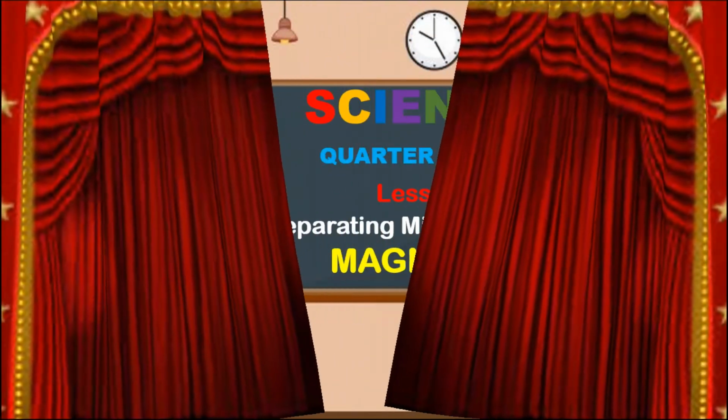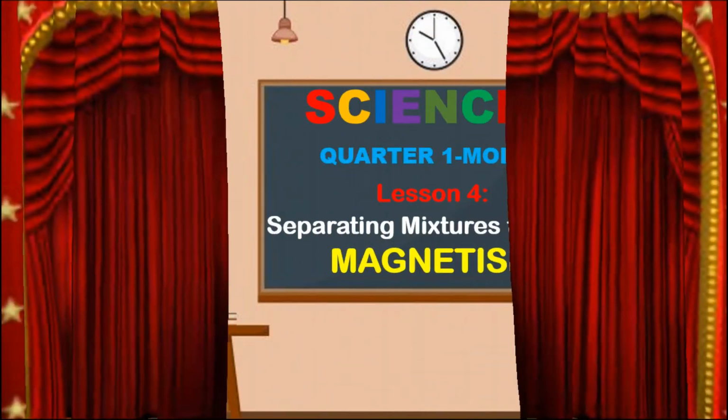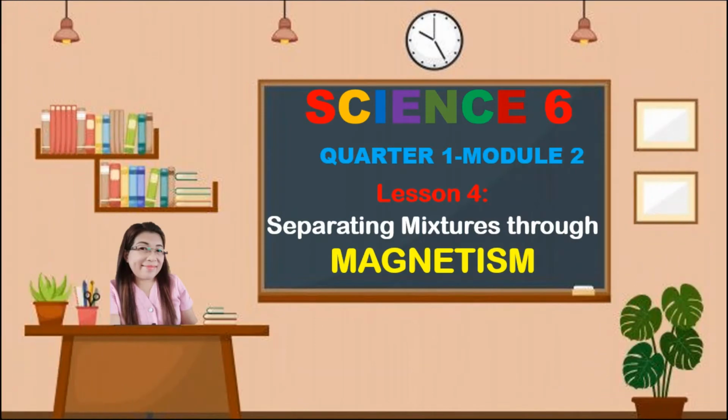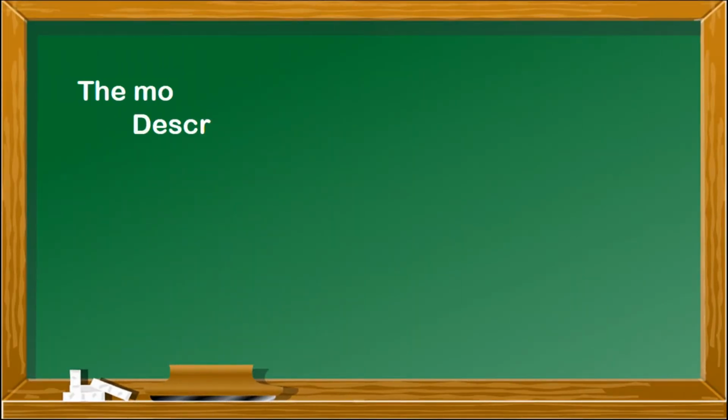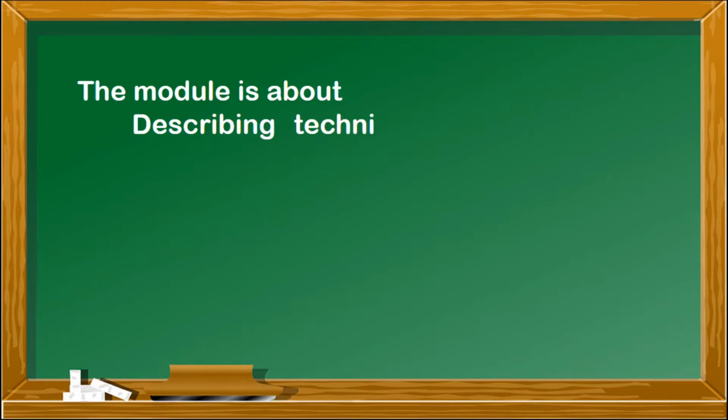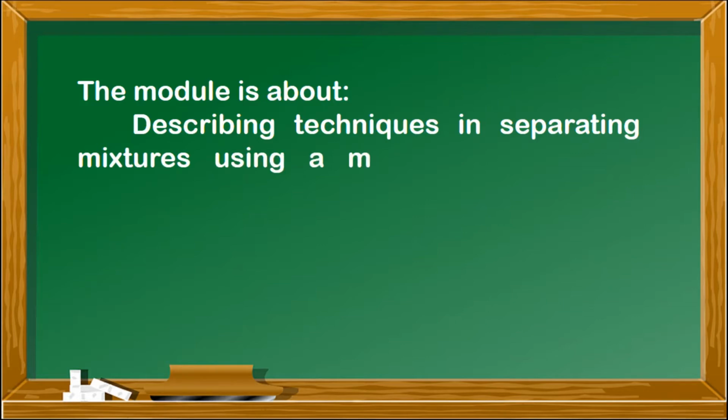Our subject is Science 6 and we are now in Quarter 1, Module 2, Lesson 4, Separating Mixtures Through Magnetism. The module is about describing techniques in separating mixtures using a magnet.